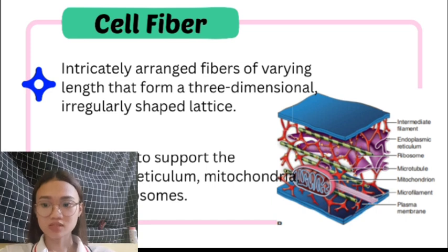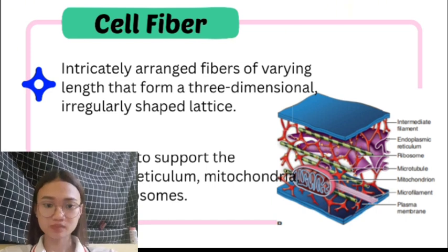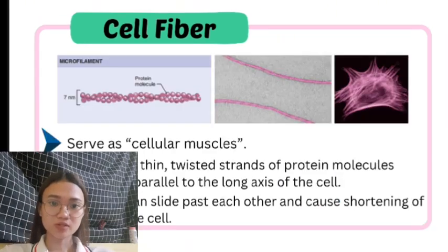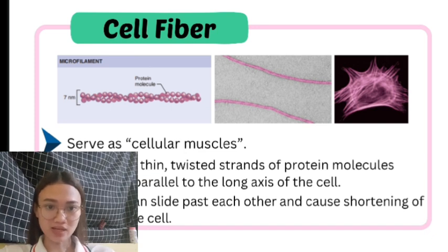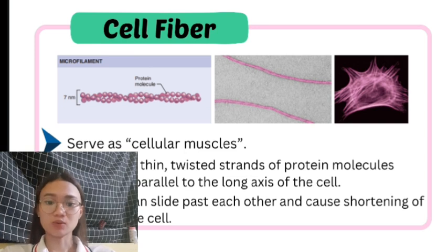and stereomicroscopy. Cell fibers serve as cellular muscles made of thin twisted strands of protein molecules that lie parallel to the long axis of the cells, and can slide past each other and cause shortening of the cell. So, ito is microfilament.